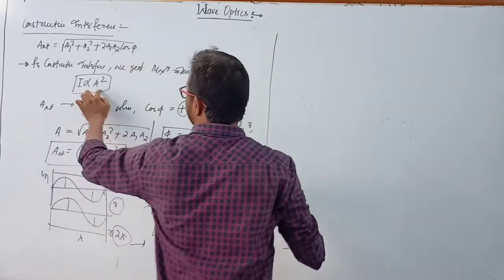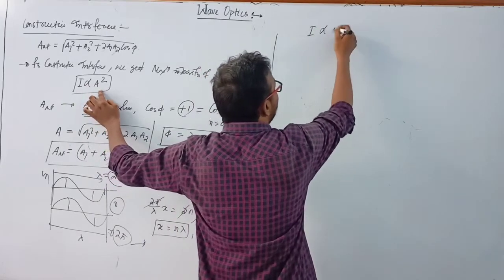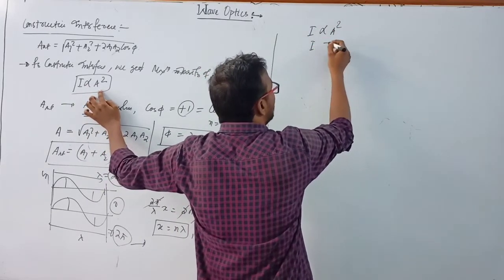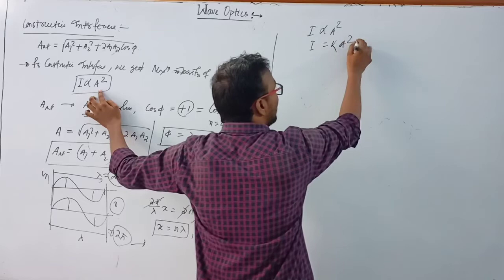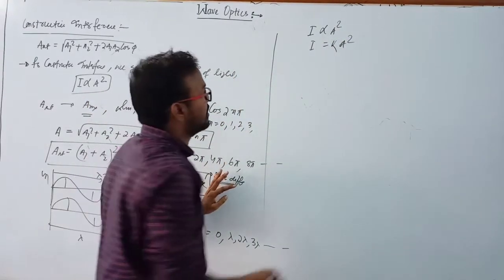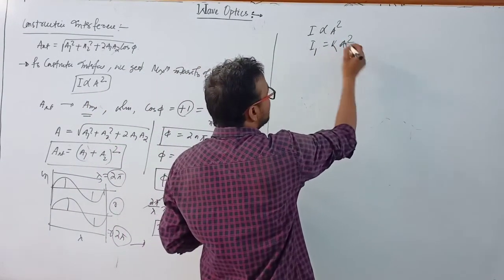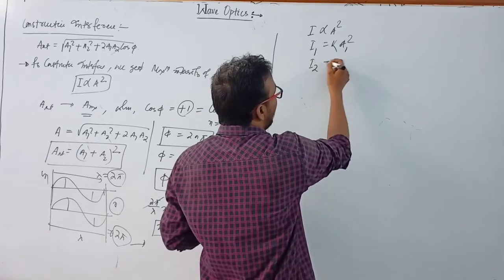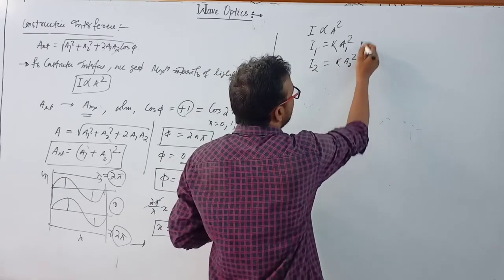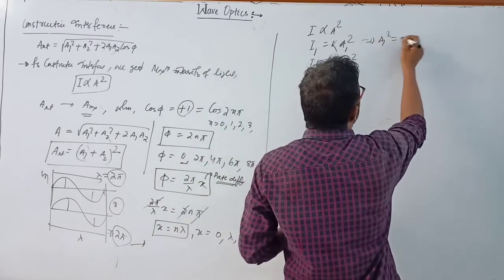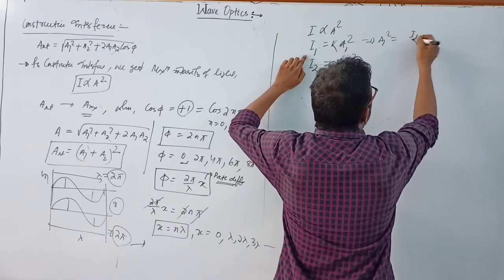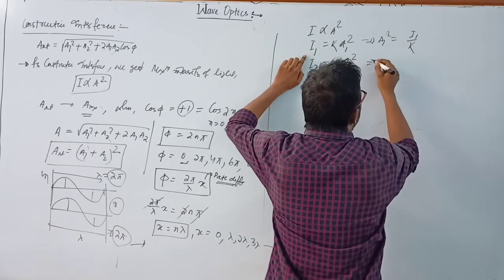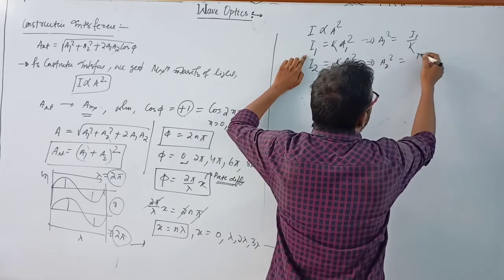Here write intensity I directly equal to a square, or I equal to some constant k, a proportionality constant k into a square. So I1 equal to k a1 square. Similarly I2 equal to k a2 square, or we can write a1 square equal to I1 by k. Similarly a2 square equal to I2 by k.